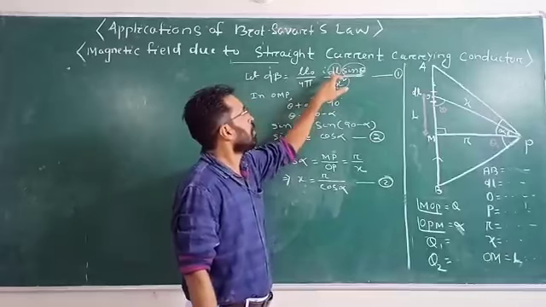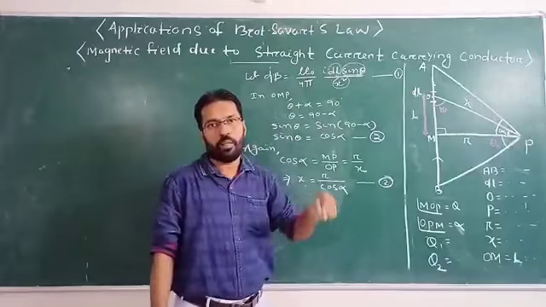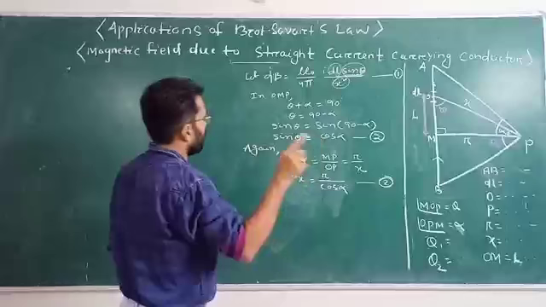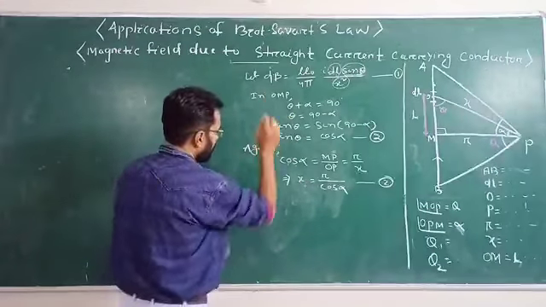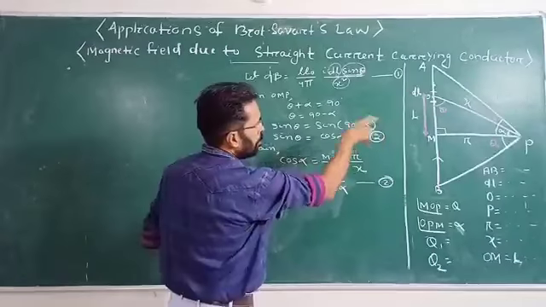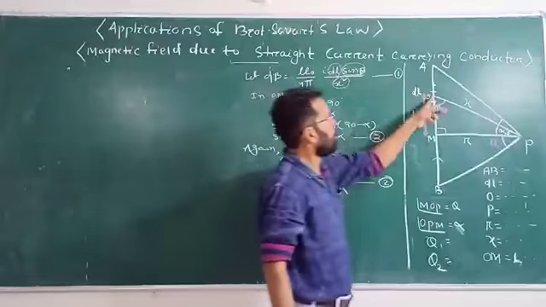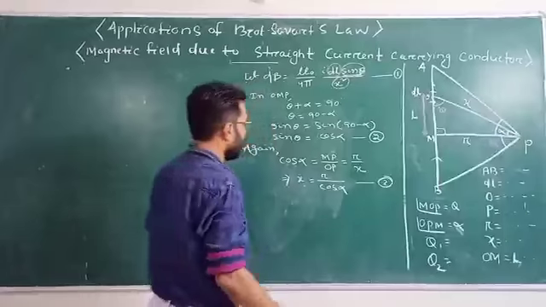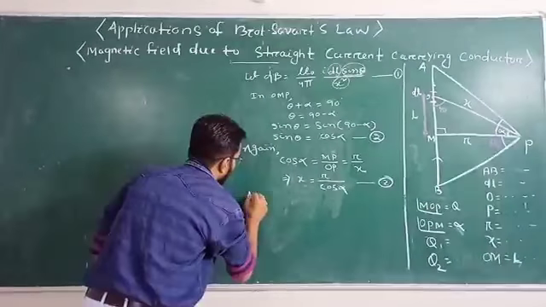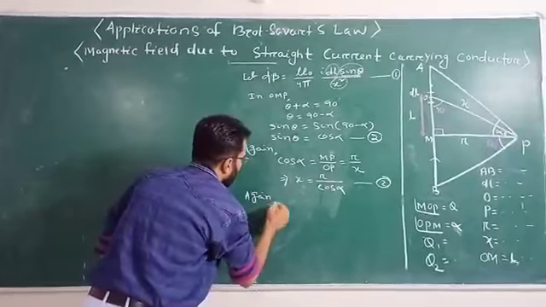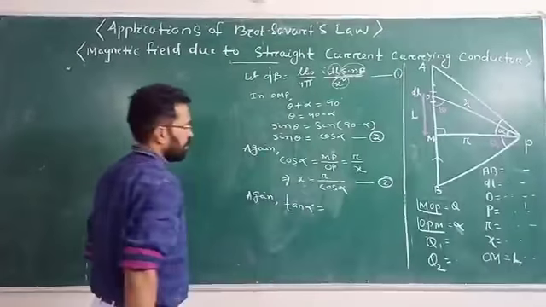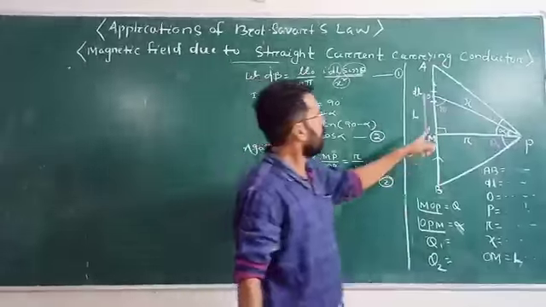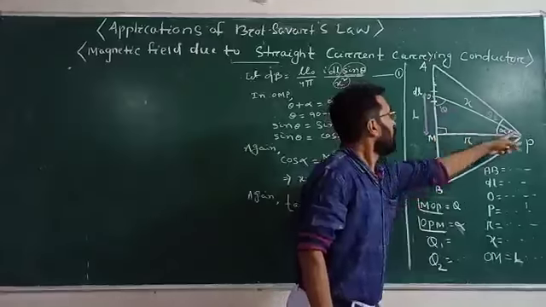Now only remaining is dl. To find the value of dl, what will we do? Again in the same triangle, that means in OMP, you find tan alpha. Tan alpha is equal to OM by MP.